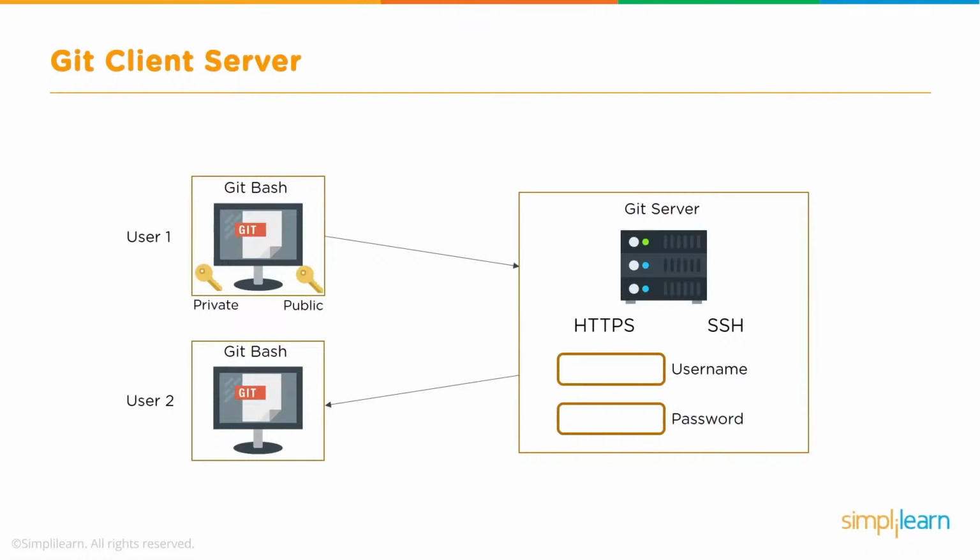Then I take this public key and post it onto my account within my Git server, so that whenever I connect next time using my command prompt or any of the tools, it's going to challenge me for my passphrase. As long as I remember my passphrase correctly, I can authenticate myself and get into this server. So both HTTPS and SSH are popular ways of communicating with the Git server.